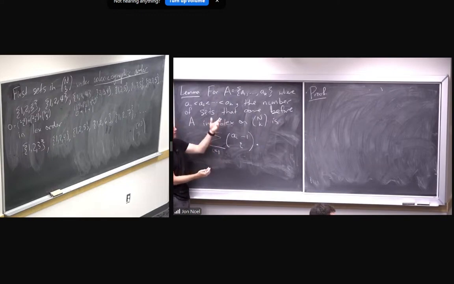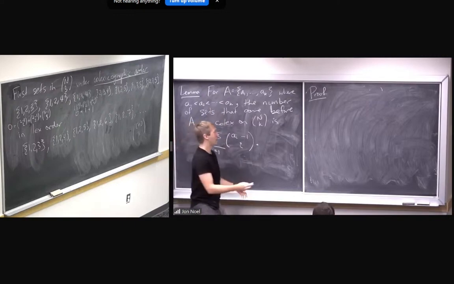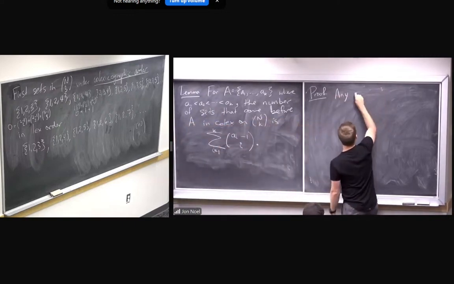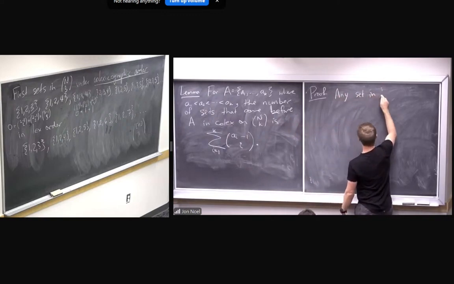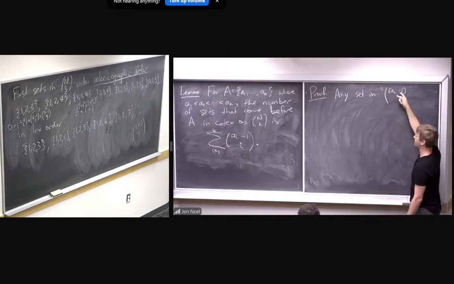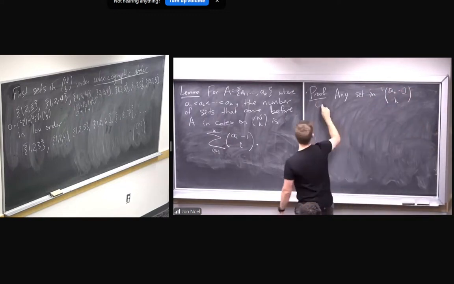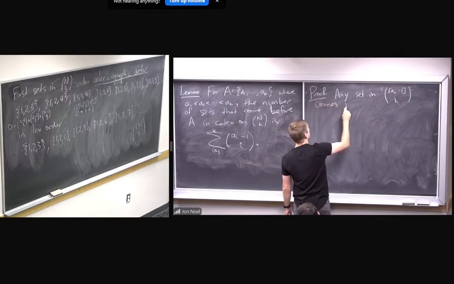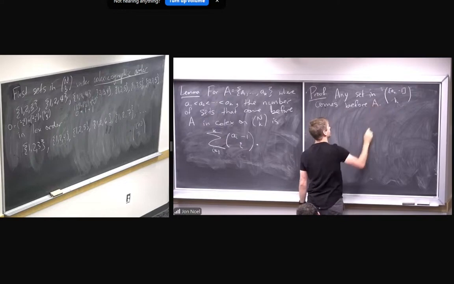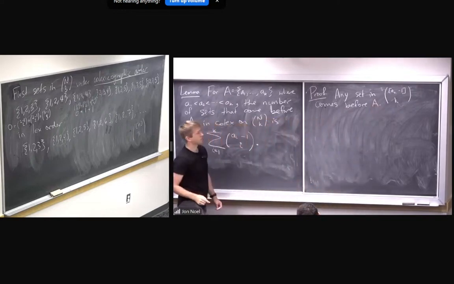For example, any set in AK minus 1, in square brackets, choose K comes before A in colex.